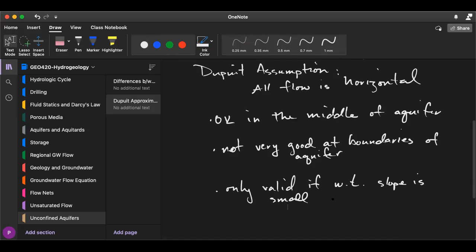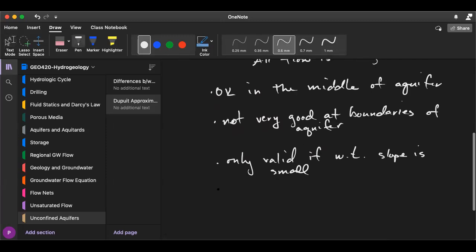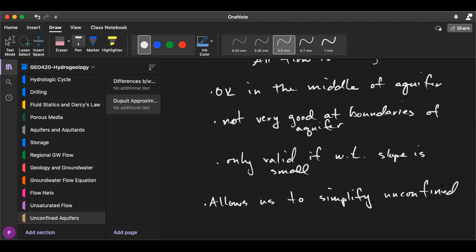But all right, so it has some limitations, but the main thing is it allows us to simplify our unconfined aquifer equation quite a bit, and to come up with some actual solutions to it.